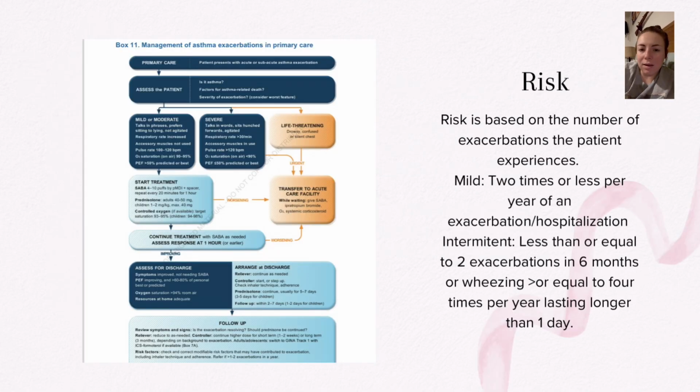So lastly, let's talk about risk. Risk is really defined as the number of exacerbations per year per patient. So let's say the patient has 6 exacerbations per year, but 4 of them are mild and 2 are severe where they have to be hospitalized, right?